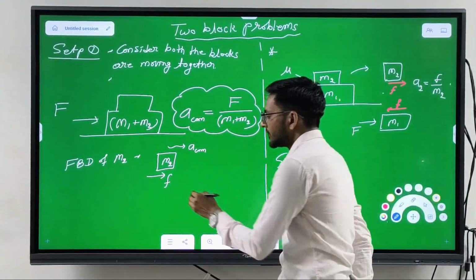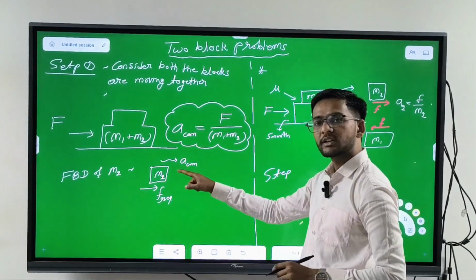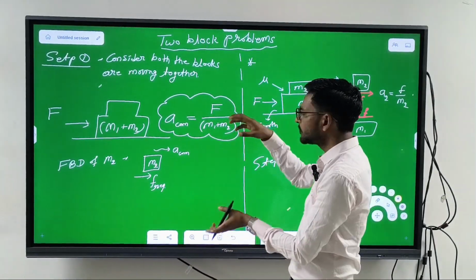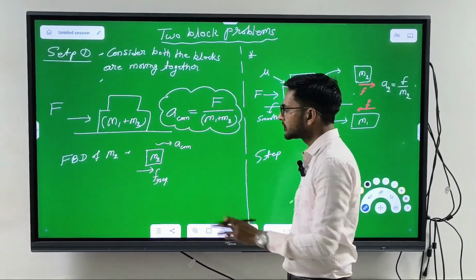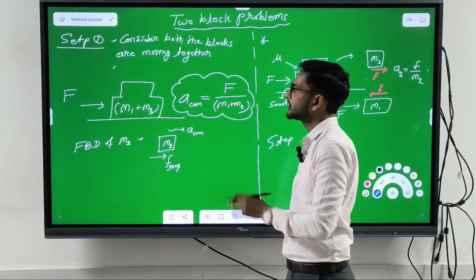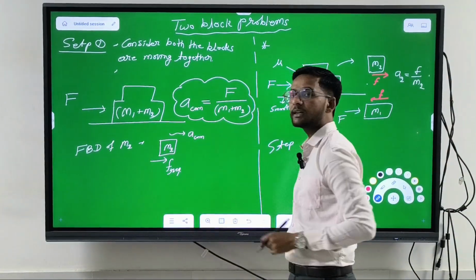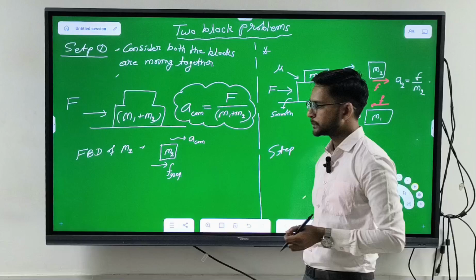I'm calling it friction required, because it is the friction required to move both the blocks together. We can find it with the help of the free body diagram of m2.